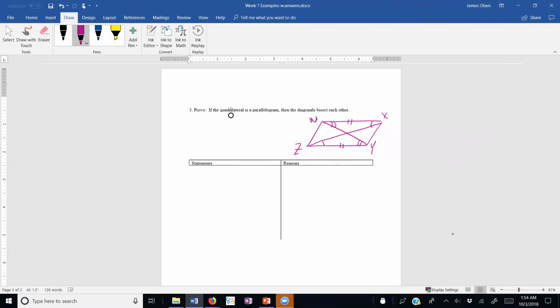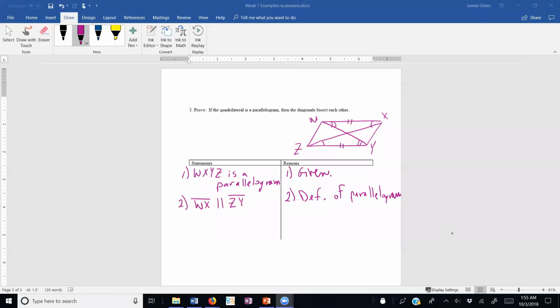We have a parallelogram. Having a parallelogram means the top and bottom are parallel. Segment WX is parallel to segment ZY, definition of a parallelogram. It might be that I also need segment WZ parallel to segment XY. We'll see if that needs to come up later.